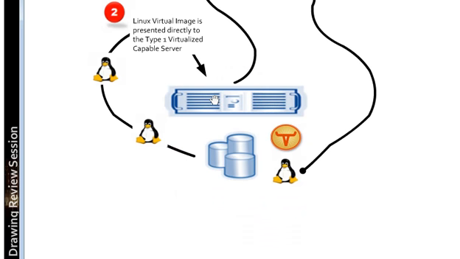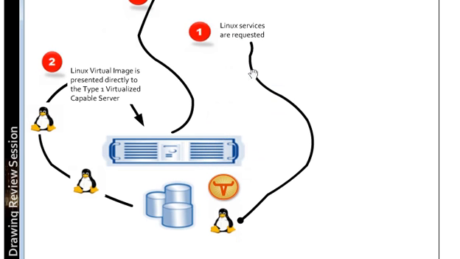So let's take a look here at this example. A Linux server, for example, is requested here. This box has no operating system on it, just a virtual kernel. Could be anybody's virtual kernel, Microsoft, Citrix, VMware, whoever, right, has a virtual session on there.